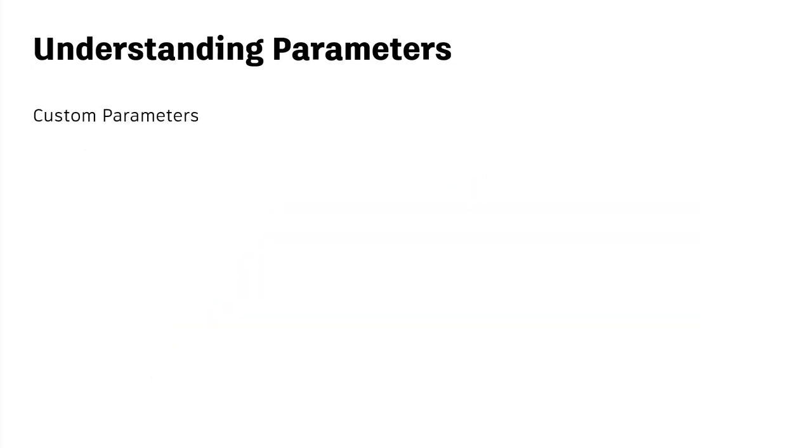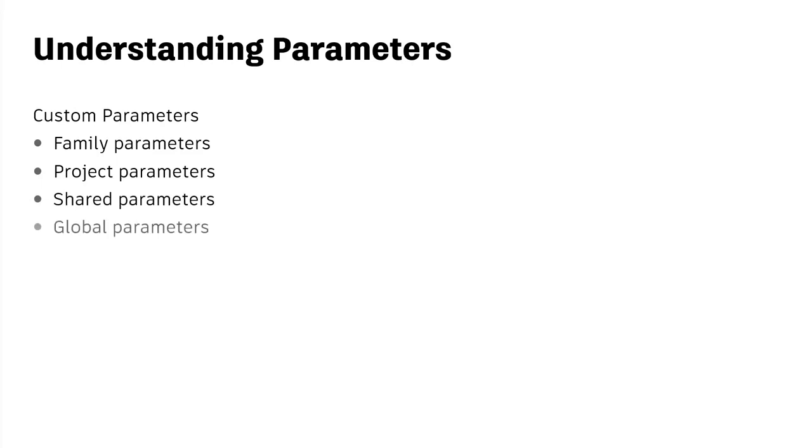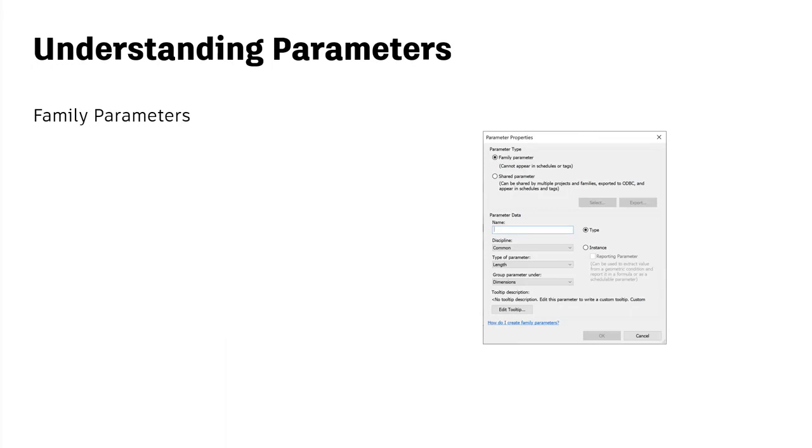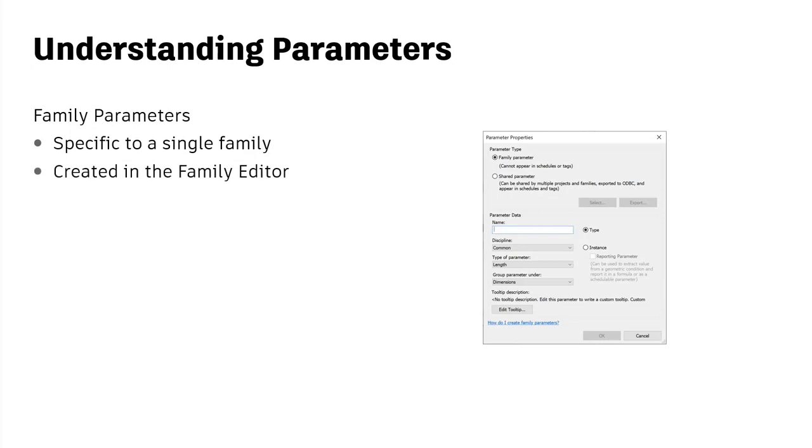There are 4 types of parameters in Revit: family parameters, project parameters, shared parameters, and global parameters. Family parameters are specific to a single family. They can only be created in the Family Editor. Information stored in family parameters can be used in the Family Editor as well as in a project.